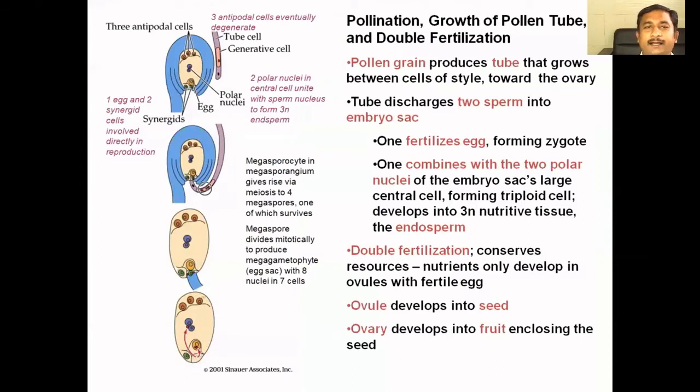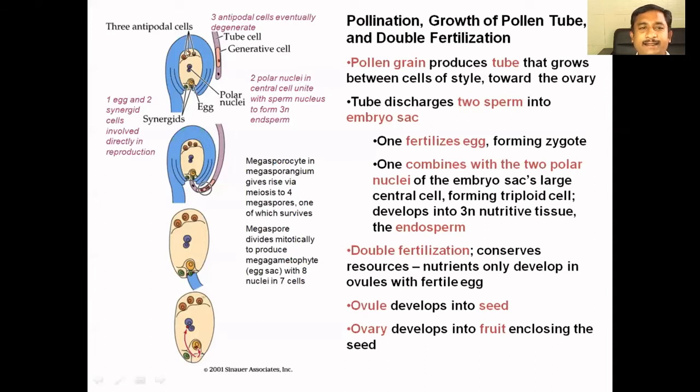In the case of female gametophyte development, as in the previous slide, there are three antipodal cells at this end, and at the other end, opposite side, there are two synergids and one egg.